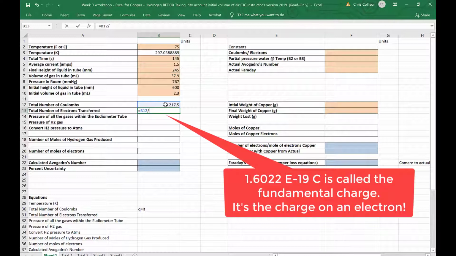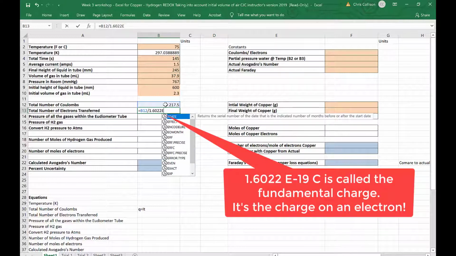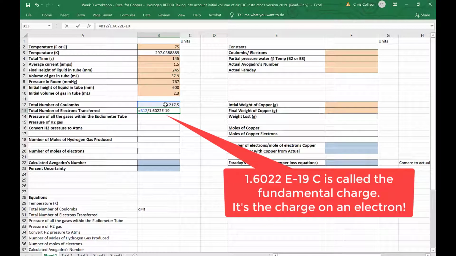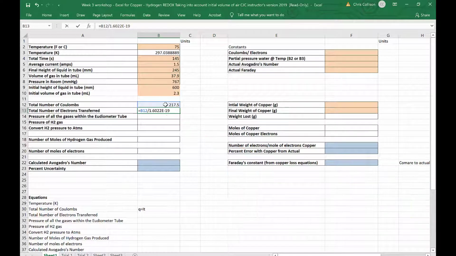So the number of coulombs per electron is equal to 1.6022 times 10 to the negative 19. So we enter that number in, and we end up finding a total number of electrons transferred is about 1.36 times 10 to the 21, and that's number of electrons.